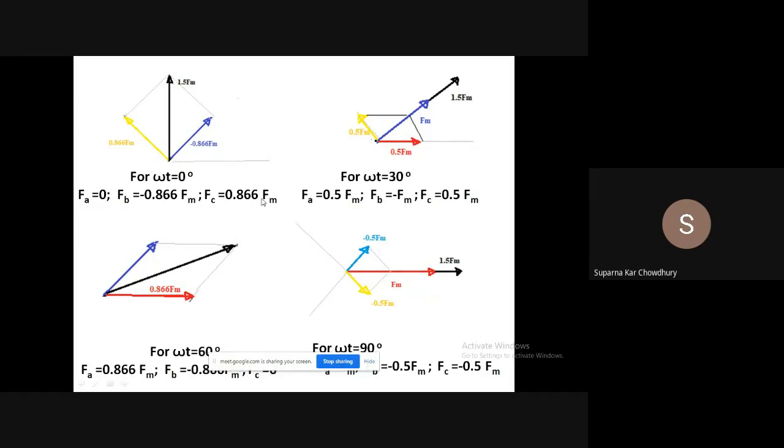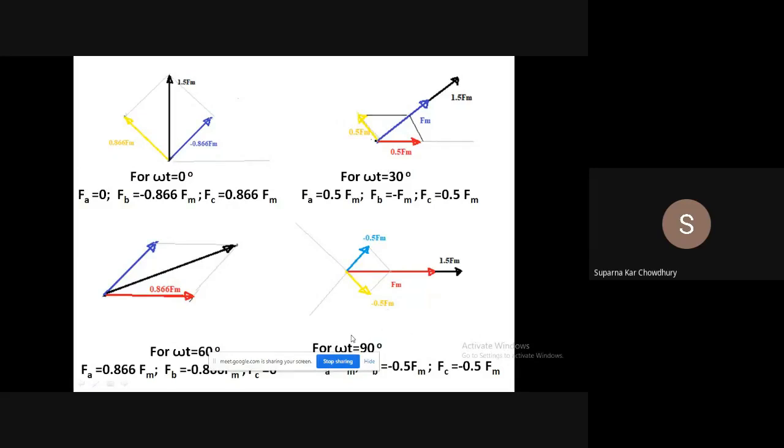Actually, these figures are hand drawn, so the angles are not proper. Actually, this has moved from here to here, 30 degrees, and then another 30 degrees. So compared to the start, it has now moved 60 degrees.